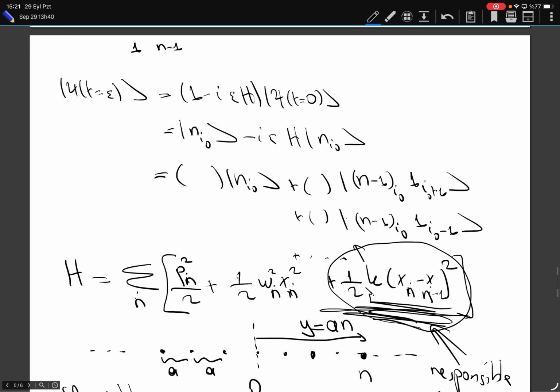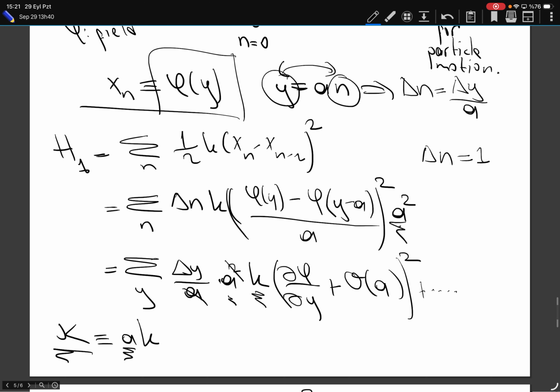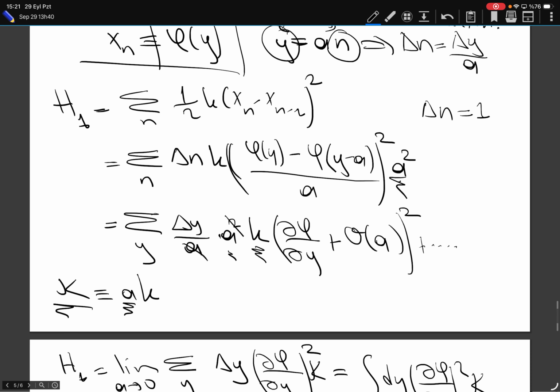So k becoming very large basically tells me that xn should change very slowly. In fact, that is understandable also in the continuum limit, because xn and xn minus 1 are practically at the same point, so the displacement there has to be the same, more or less. What will be important will be this kappa, not a, not k separately.